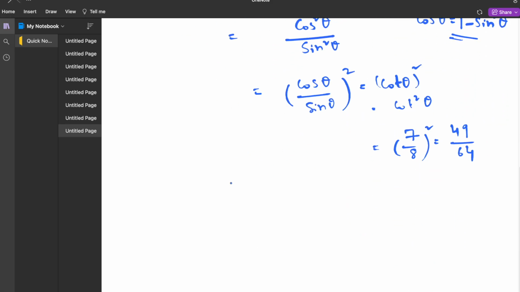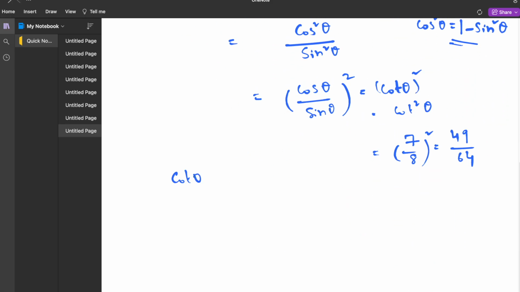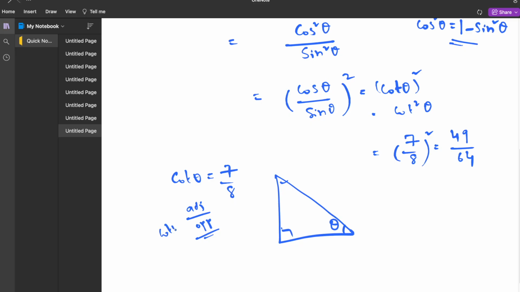The other thing is cot theta is 7 by 8, given. So we need to take a right angle triangle. Assume this is theta. Cot theta is nothing but adjacent by opposite. So if this is theta, adjacent would be 7, opposite would be 8.